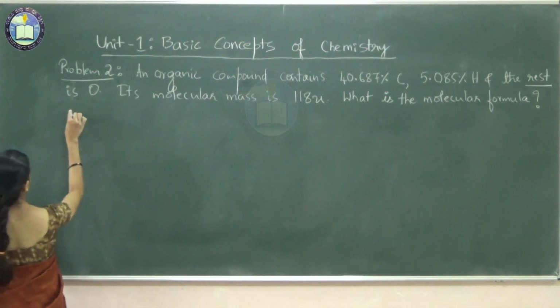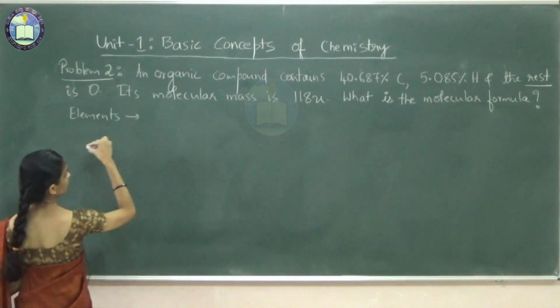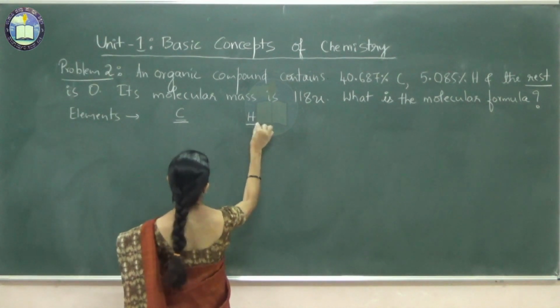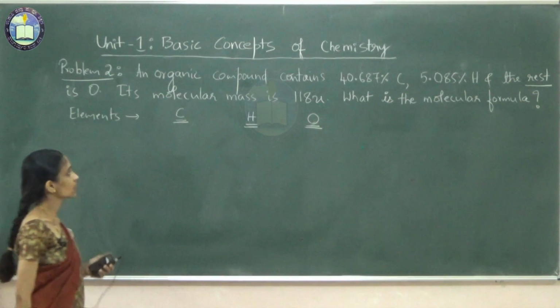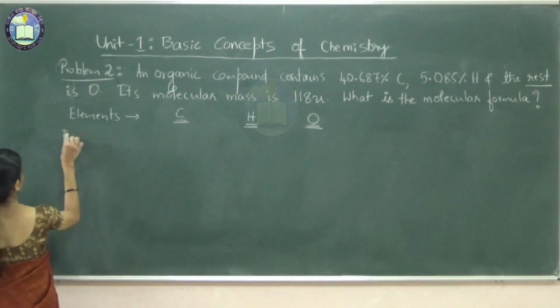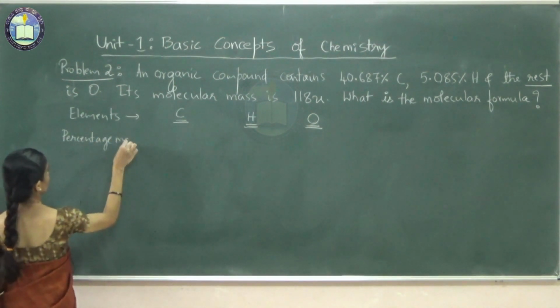First, let me write the elements. They are carbon, hydrogen and oxygen. So this is the first step. Then let me write the percentage masses.